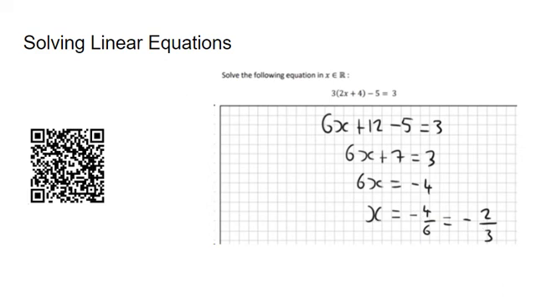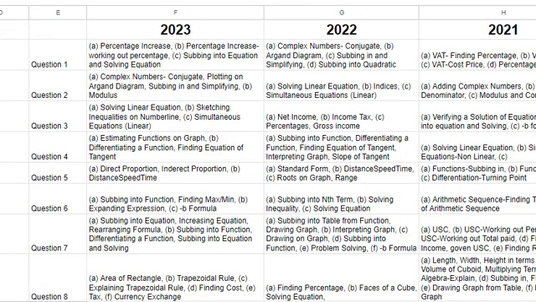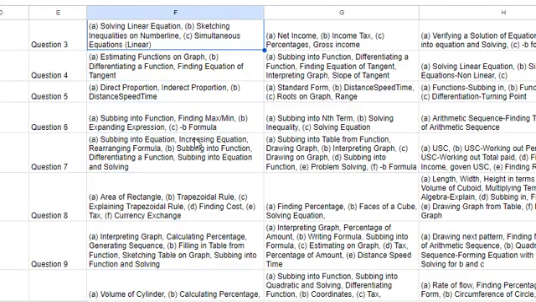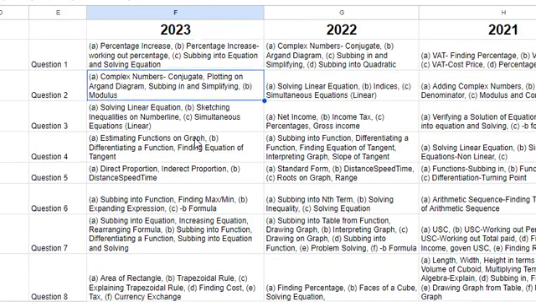Now this is really important. Even if it doesn't come up as a question itself, you have to solve linear equations even within something like simultaneous equations, and there's a lot more other stuff as well. You could have to solve an equation in functions or in sequences with the nth term where you have to solve for n.